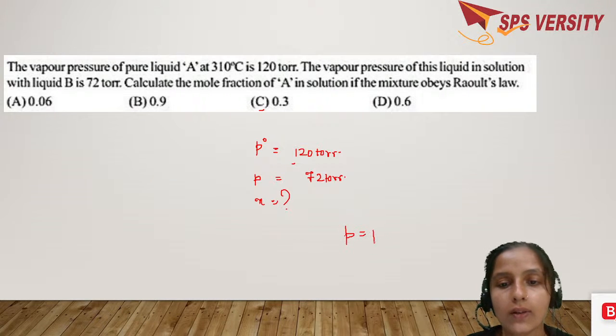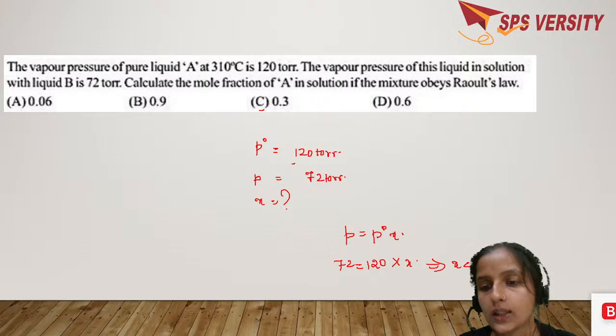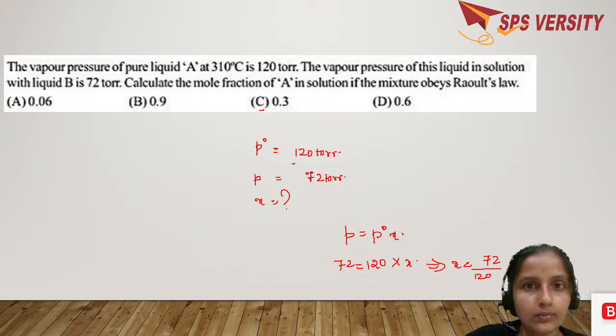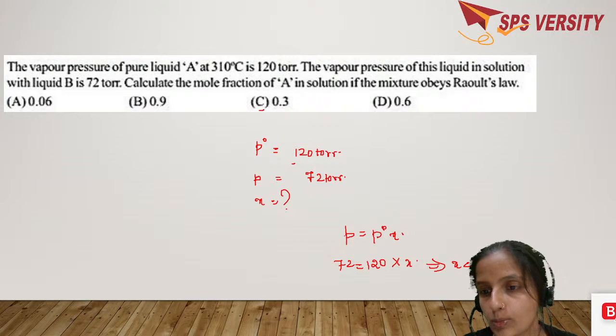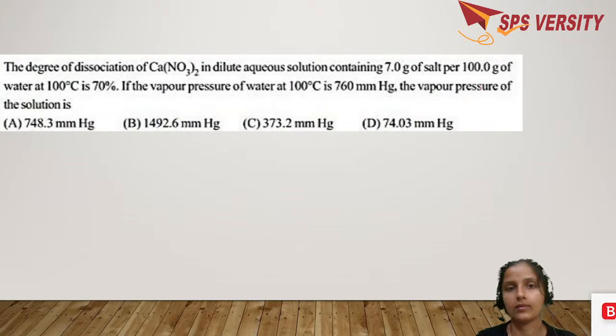We have P is equal to P naught times X. P is 72, which is equal to 120 times X. So X is equal to 72 divided by 120. If you calculate that, it's 0.6. So the correct answer would be option D.